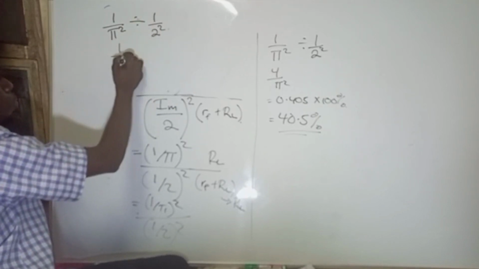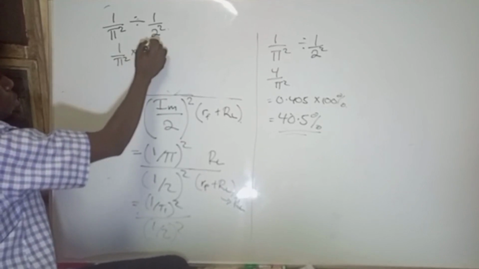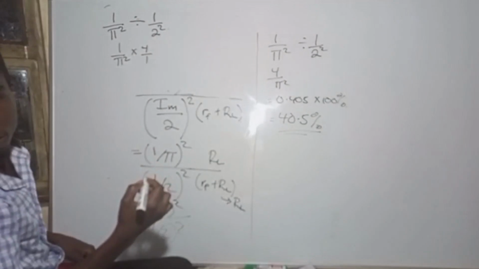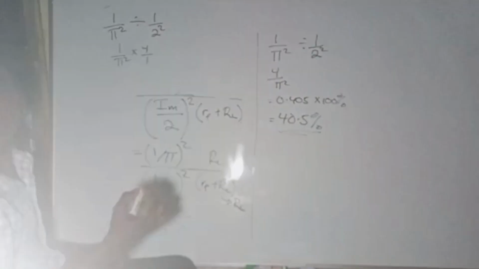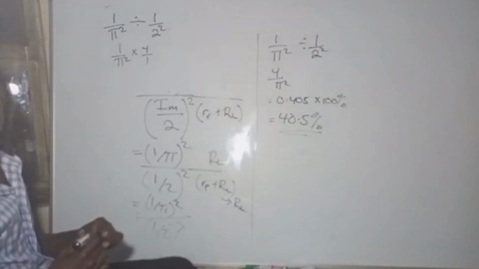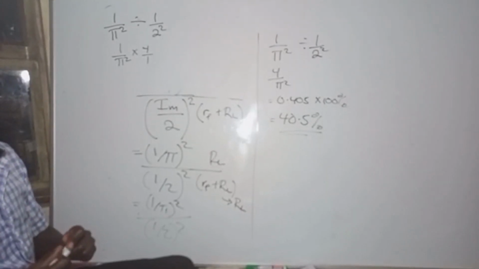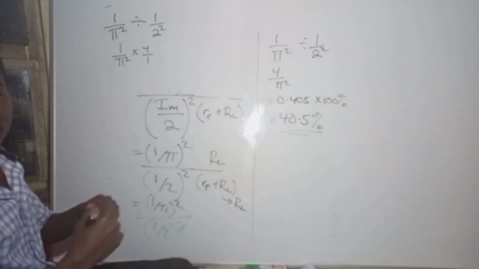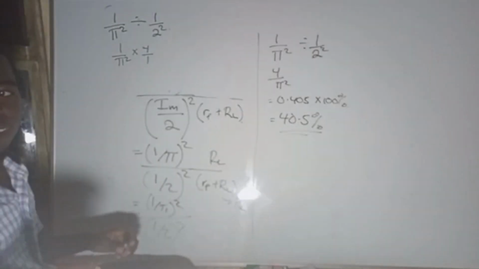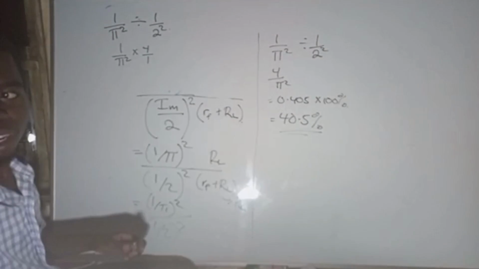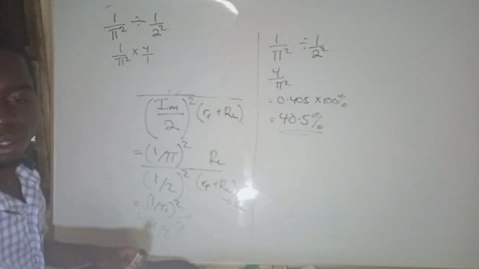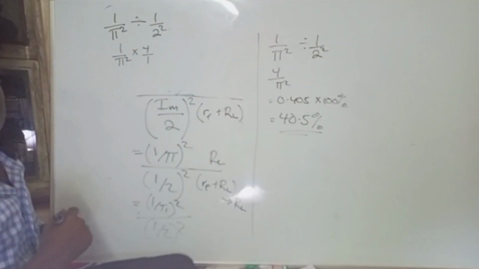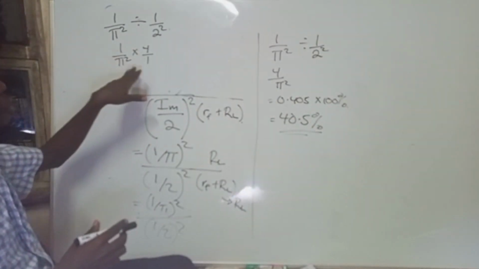I'll have 1 over pi squared times 4 squared over 8 times 4, over 4.